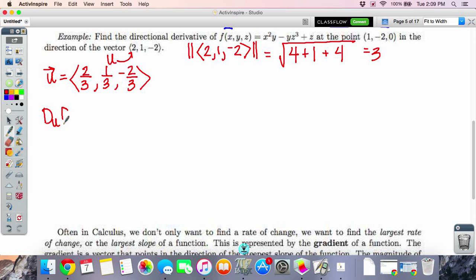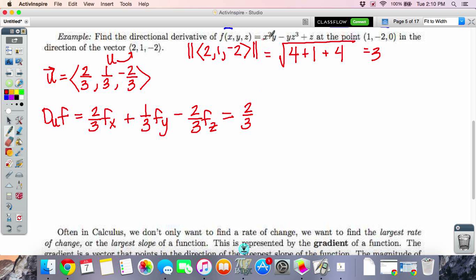in that direction of this function, I'm just going to multiply each of those components. So here's the x component times the x partial plus the y component times the y partial, and then plus the z component times the z partial. So again, if you haven't gone through your partials, this is a really good time to do that. So I'm going to go through and just find these partials real quick. So 2/3.